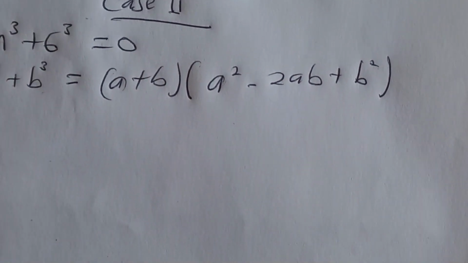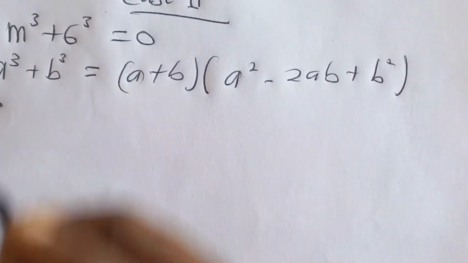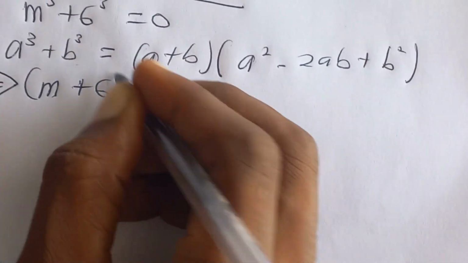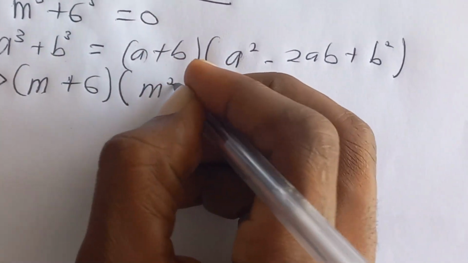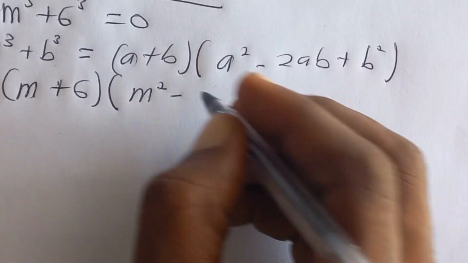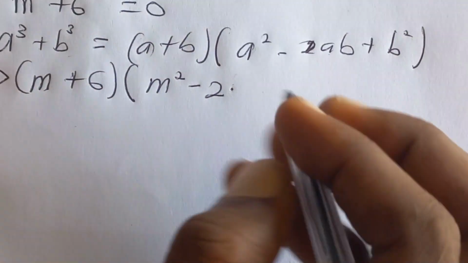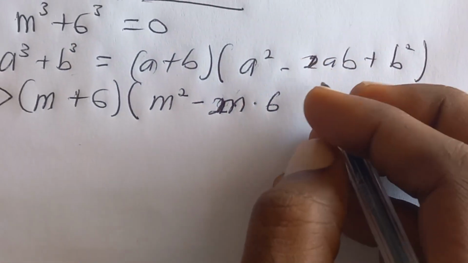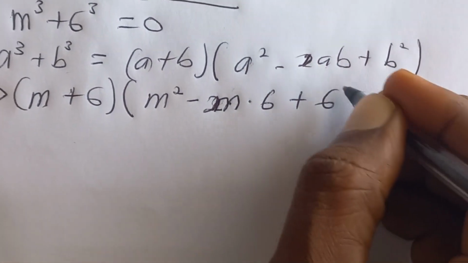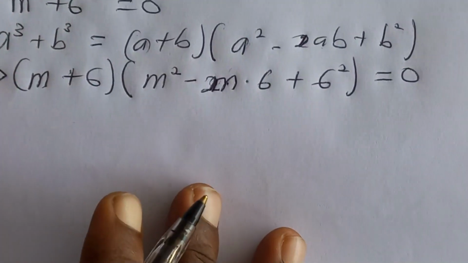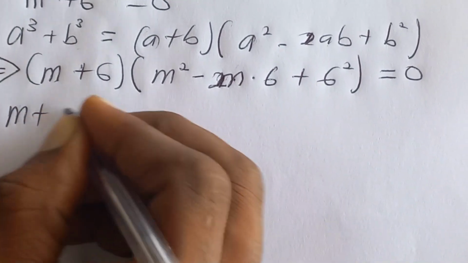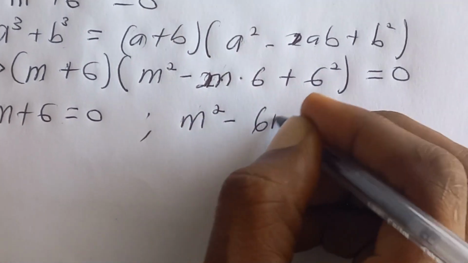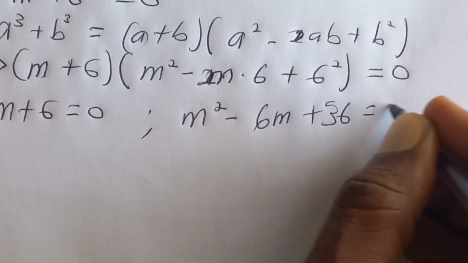So our expression now becomes (m plus 6)(m squared minus m multiplied by 6 plus 6 squared) is equal to 0. So from here, we have m plus 6 is equal to 0, and then we have m squared minus 6m plus 36 is equal to 0.